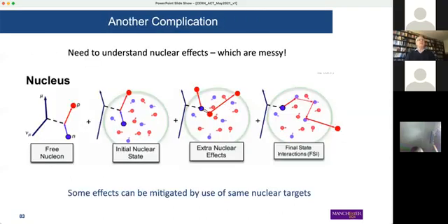And as I said, another complication here is that we have to understand nuclear effects, which are messy. Because most of these experiments work, for example, DUNE with argon, or the scintillator experiments, with carbon-like targets, you have to understand that.